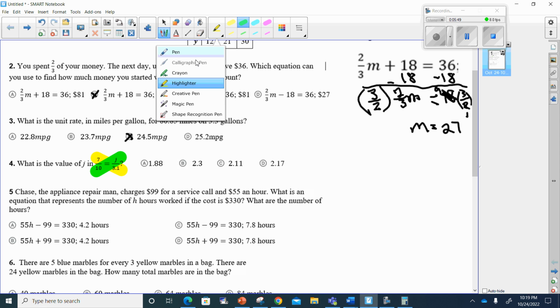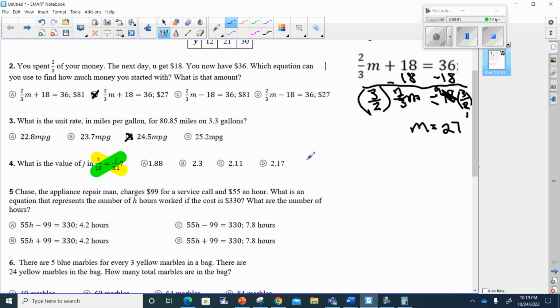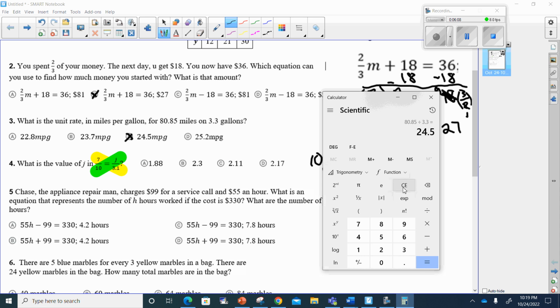So let's go ahead and put those things equal to each other. We're going to have 10 times J. That has to equal 7 times 3.1. All right, first let's find out what 7 times 3.1 is.